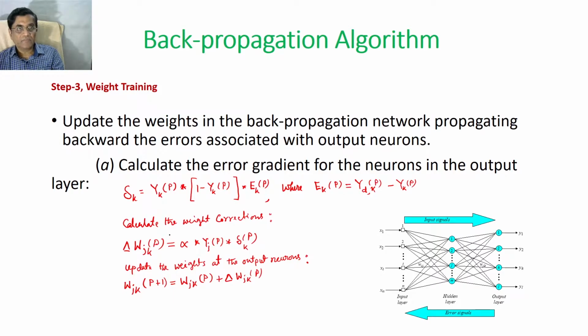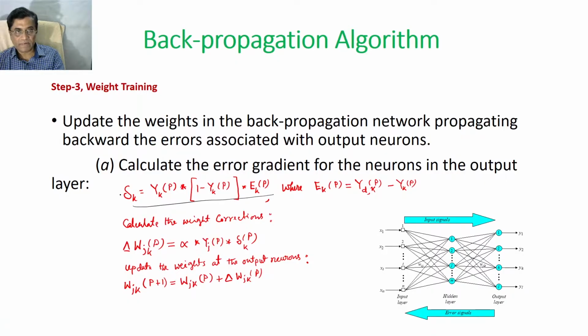Then weight training, as we just told you, has two parts. One is to calculate the error gradient for the neurons in the output layer. This is the simple way we have calculated error gradients earlier.